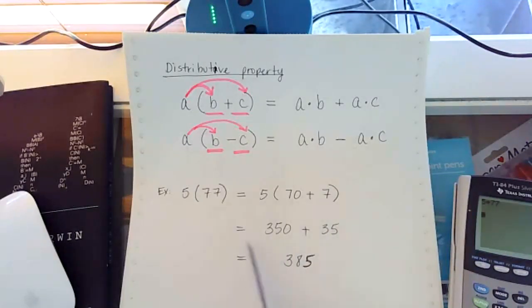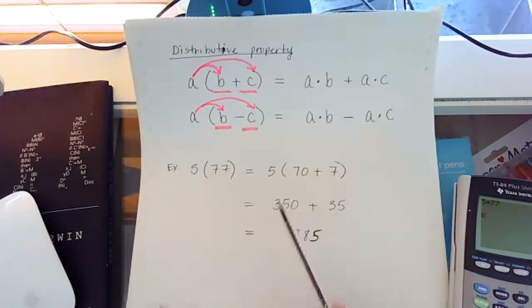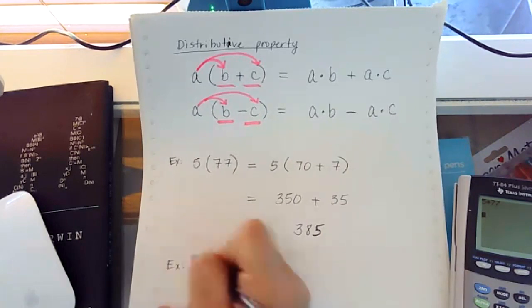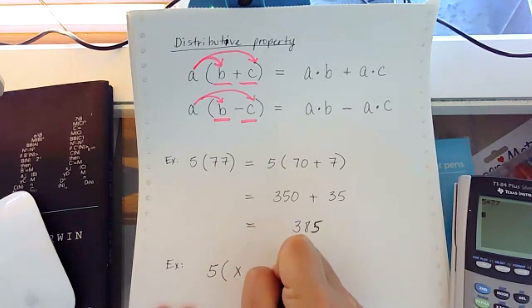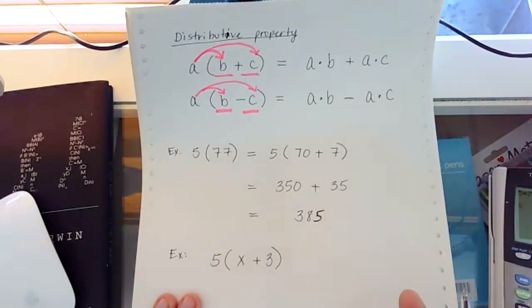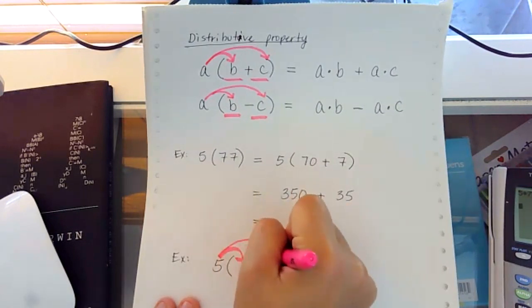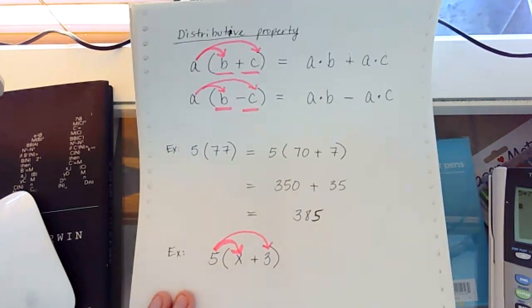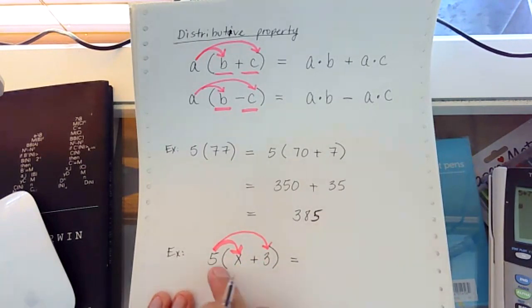But the reason why I bring this up is because when we're talking about variables in the mix, if I had an expression like 5 times x plus 3, and I told you to simplify this, you would need to use the distributive property to multiply 5 times x and 5 times 3. And so you would simplify this down. 5 times x is like saying, let's say x represents apples.